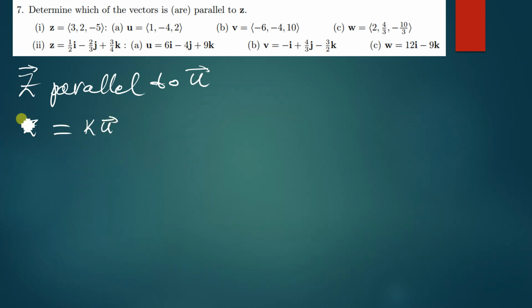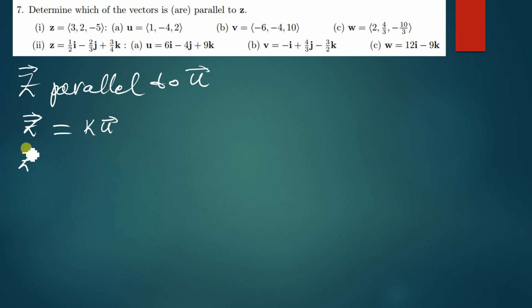You can use C, you can use any variable that is normally used as a constant. You can use K or C, or any Greek symbol, there's no problem. So Z is equal to KU.